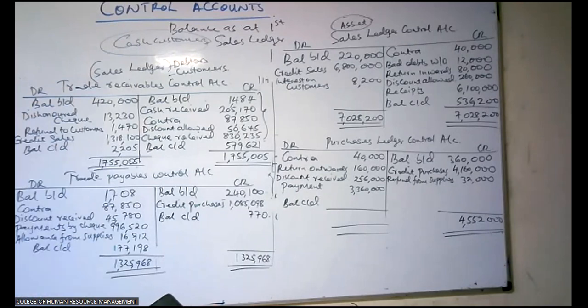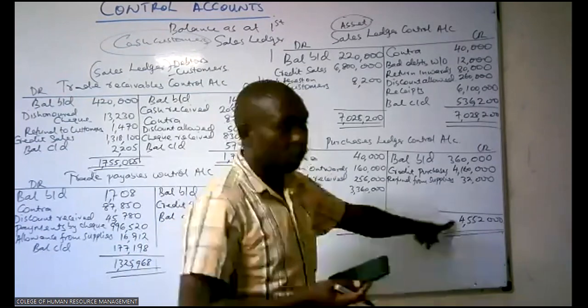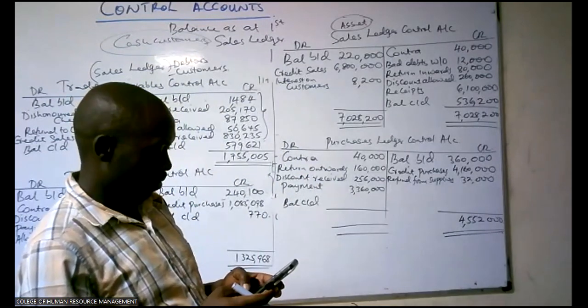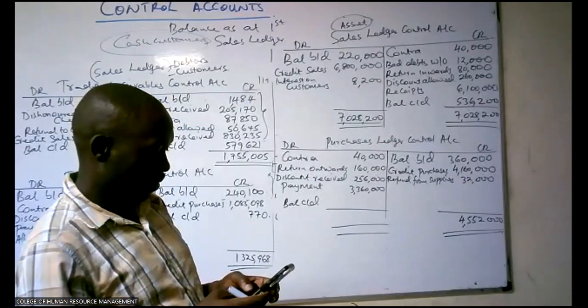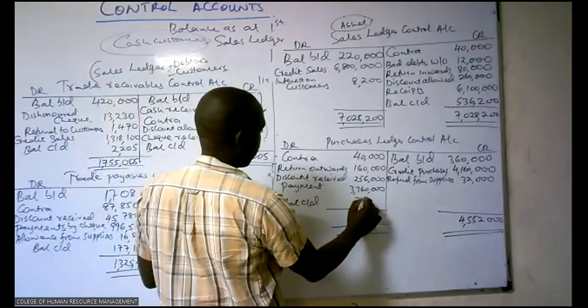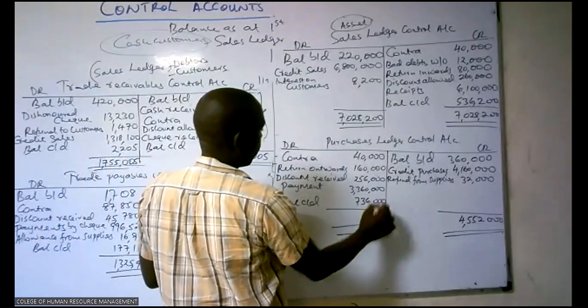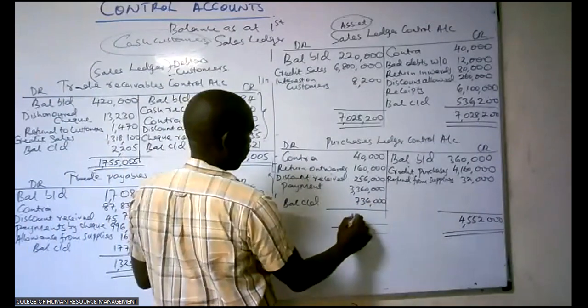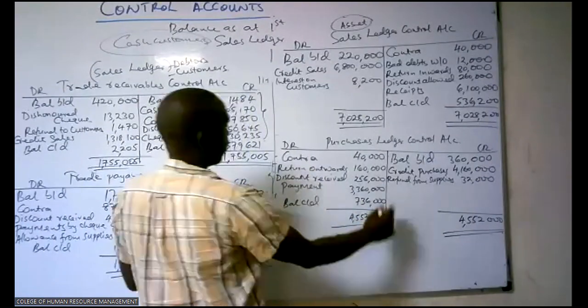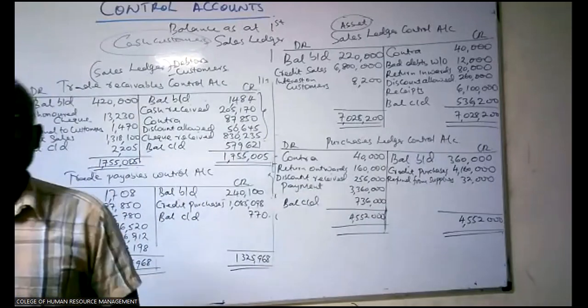We deduct from this total on the credit to get the balance. 4,552,000 minus 3,016,000. Yes. That is our balance, and that is the end of that question.